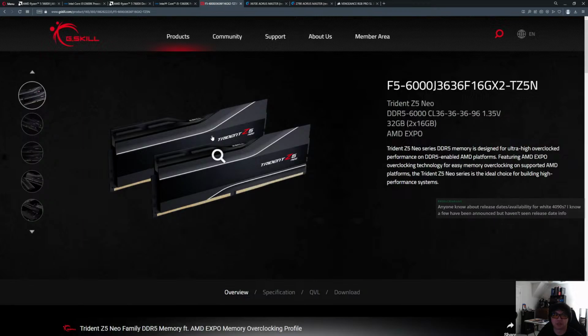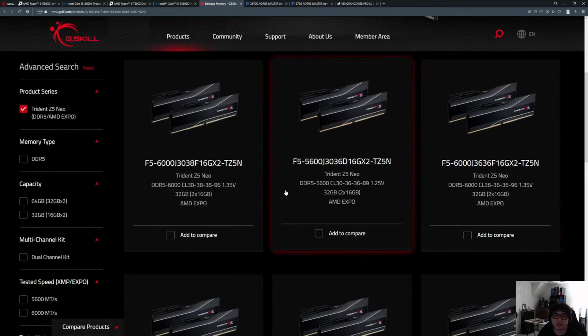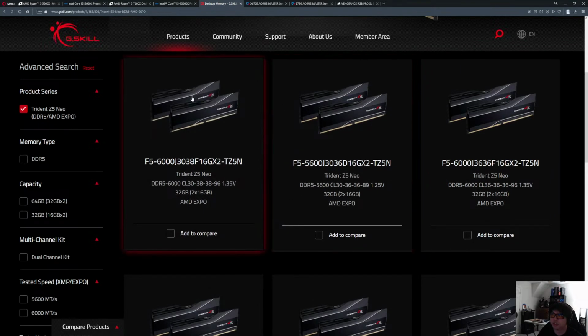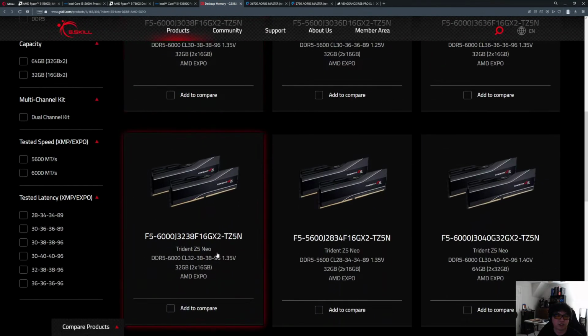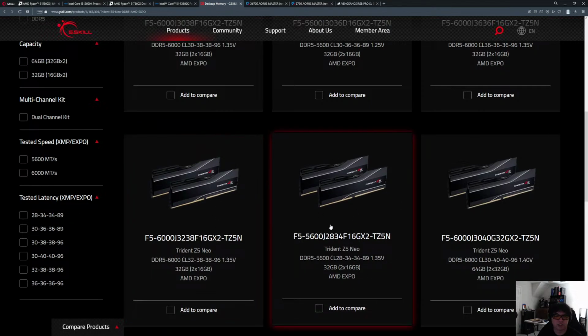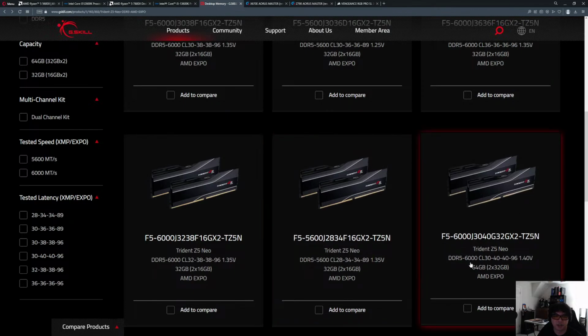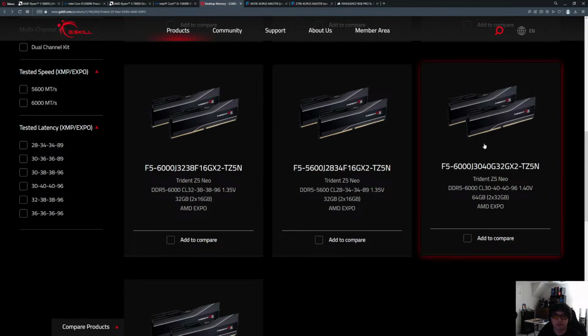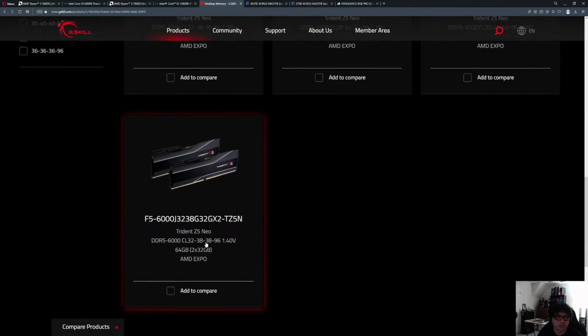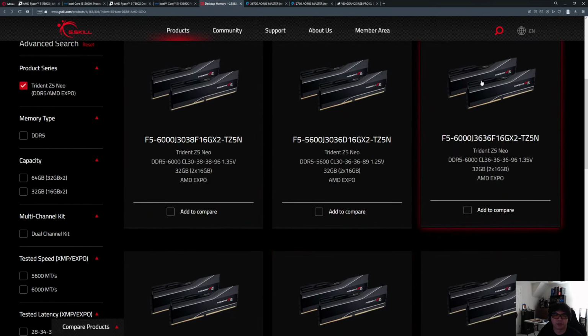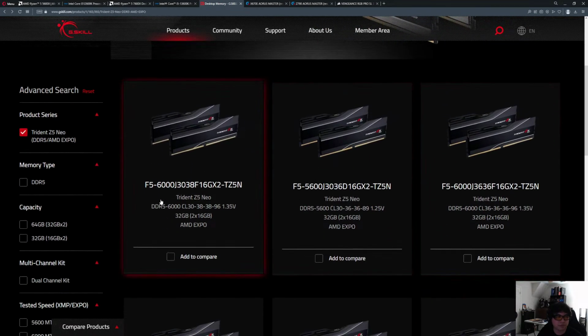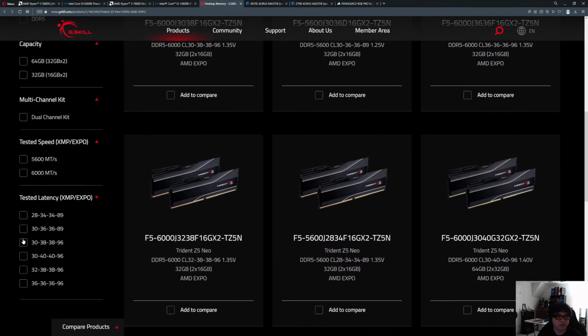The other ones are all Hynix. This middle one's Hynix. This left one is Hynix. This is better bin Hynix right here. And this is 1.4 volts, definitely Hynix though. And this is Hynix as well. All of these are Hynix except for this one. You can tell by the timings, and we already went over that earlier.